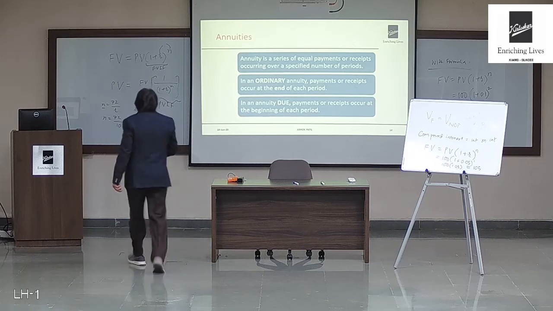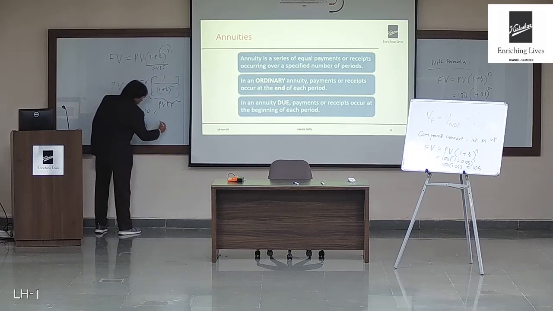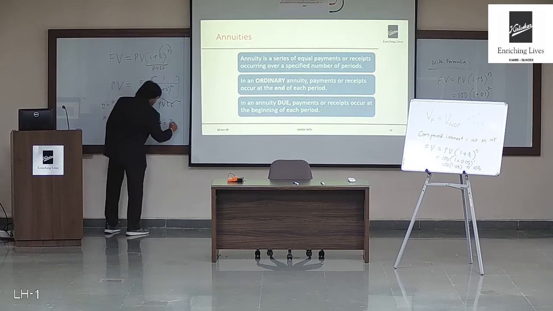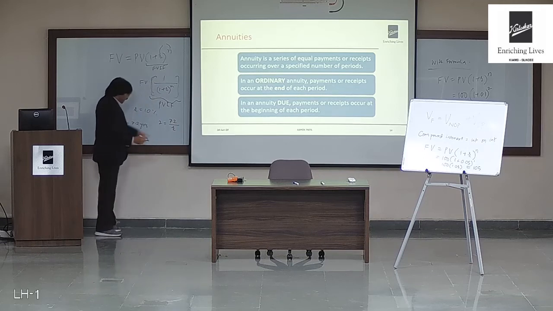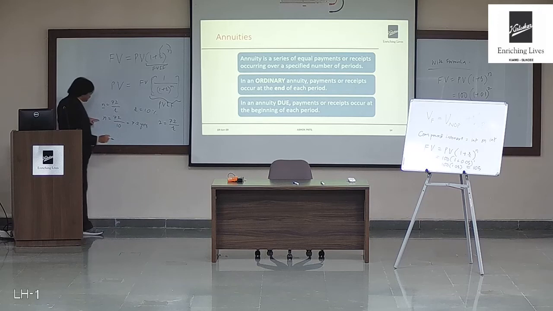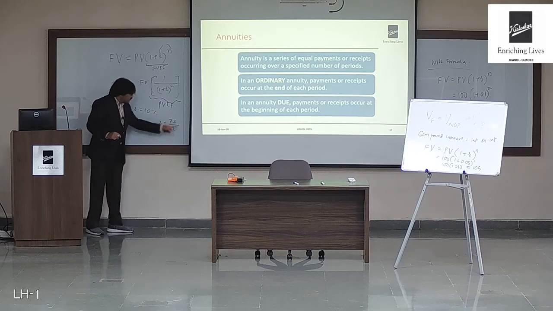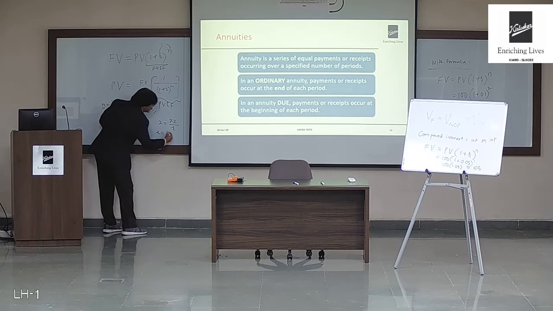Alternatively, we can also use it the other way around. If N is equal to 2, 72 is constant, and R is what we calculate. Same thing, I am just plugging in different values here. So if N is equal to 2, R is equal to 72 divided by 2.